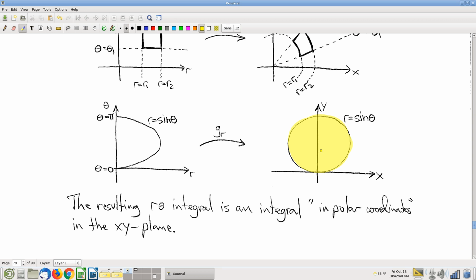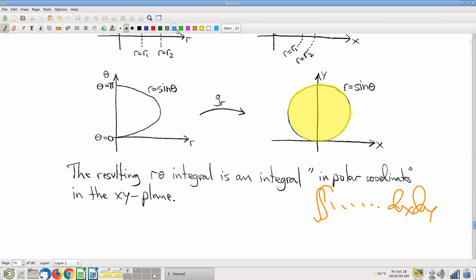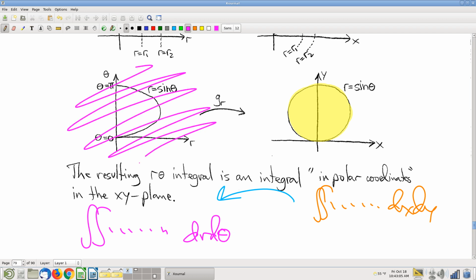If you do the pullback and rewrite an integral of whatever dx dy, and get instead an integral of, whatever, we'll worry about the details, dr d theta. Don't even have to draw that picture.